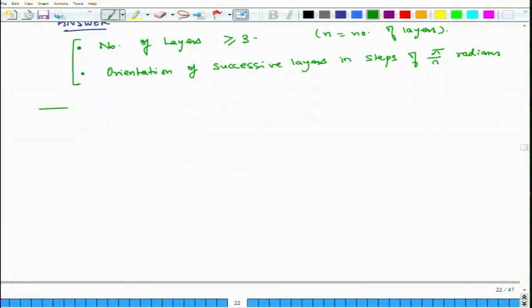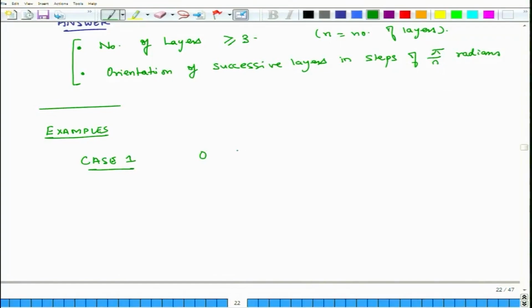So, examples. Case 1, you can have first layer at 0 degree. So, minimum number of layers should be 3.